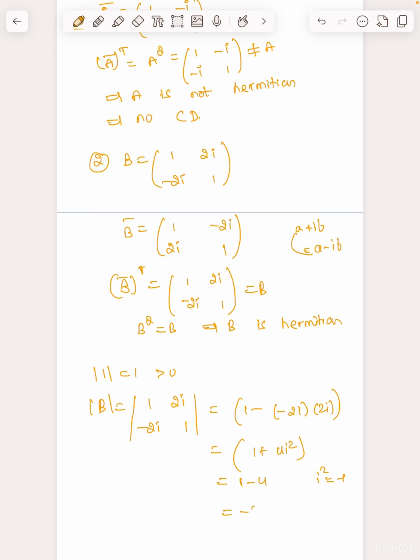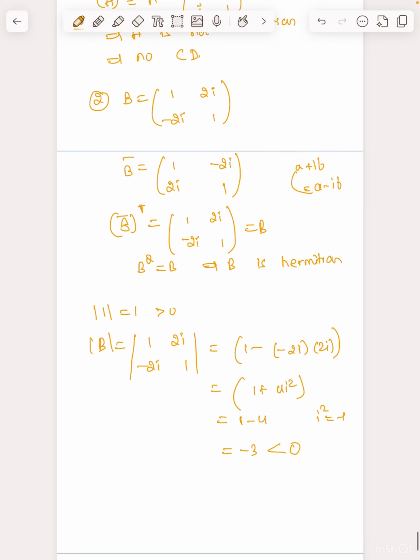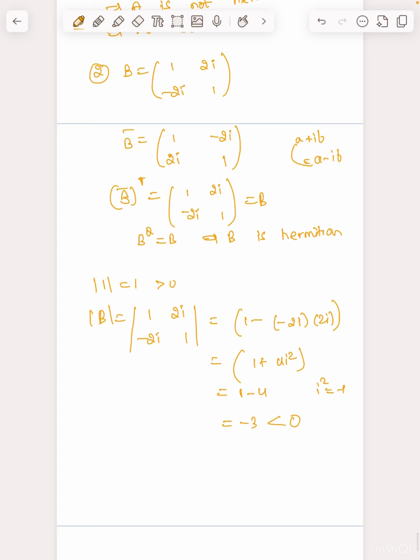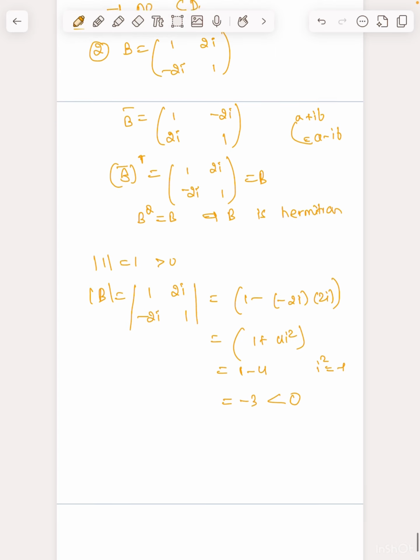This is minus 3, which is less than 0. Therefore, all the leading principal minors of B are not greater than 0. Therefore, B is not positive definite. So if it is not positive definite, then B has no Cholesky decomposition.